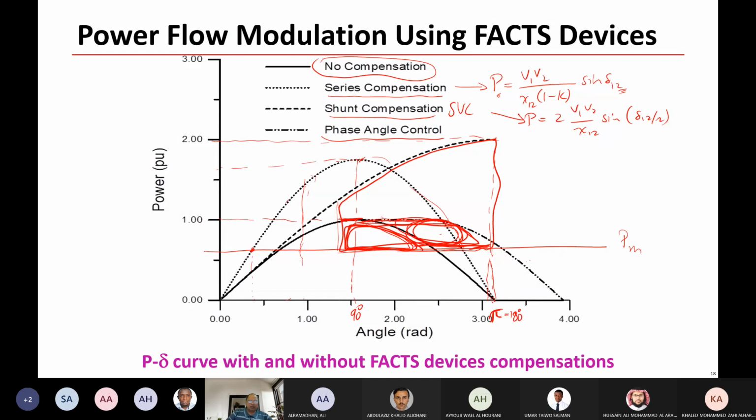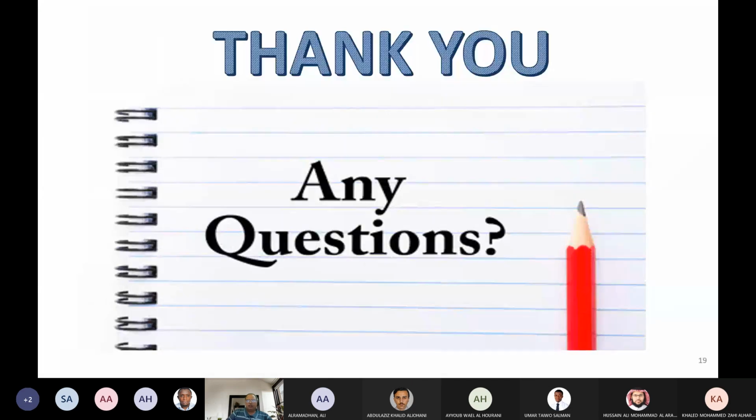UPFC is the second generation of FACTS devices, the unified power flow controller. This combines both series plus shunt compensation.